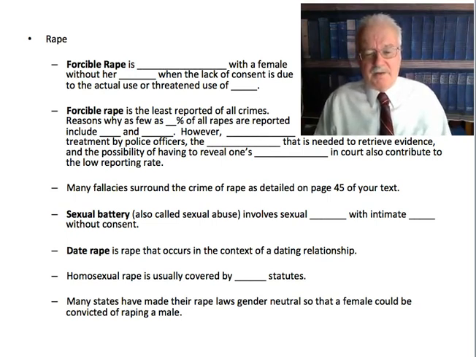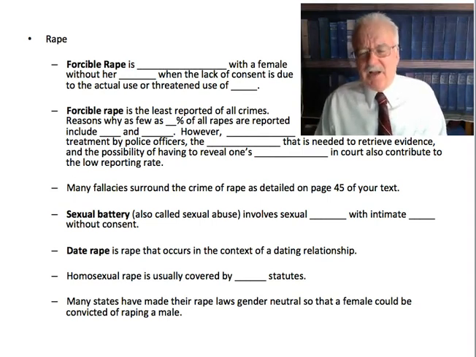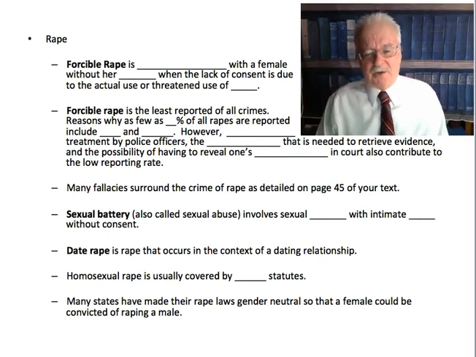So those would be covered under sodomy statutes. Many states have made their rape laws gender neutral so that a female could be convicted of raping a male. This is fairly rare, but in fact it does happen. The more common situation is when it's an adult female who has sex with an underage male.